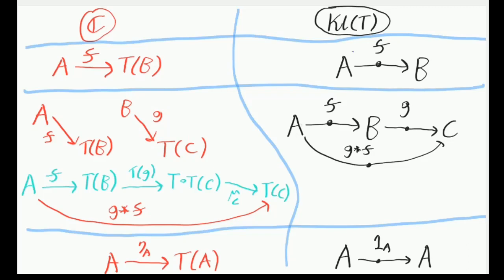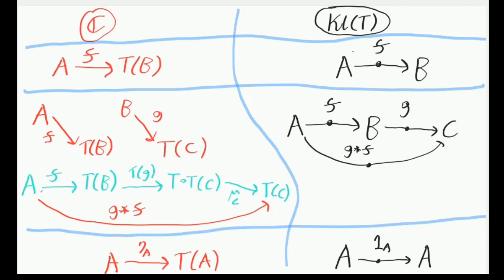How are we then supposed to make this composition of these Kleisli arrows? I mean, we want to get a Kleisli arrow which goes from A to C, which would correspond with an ordinary arrow that goes from A to T of C. But how can we build such a thing given this arrow F from A to T of B and this arrow G from B to T of C?